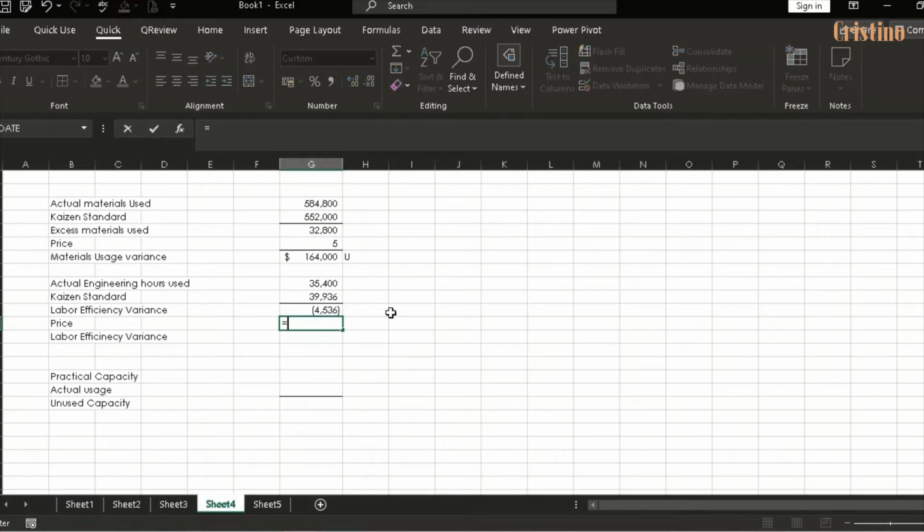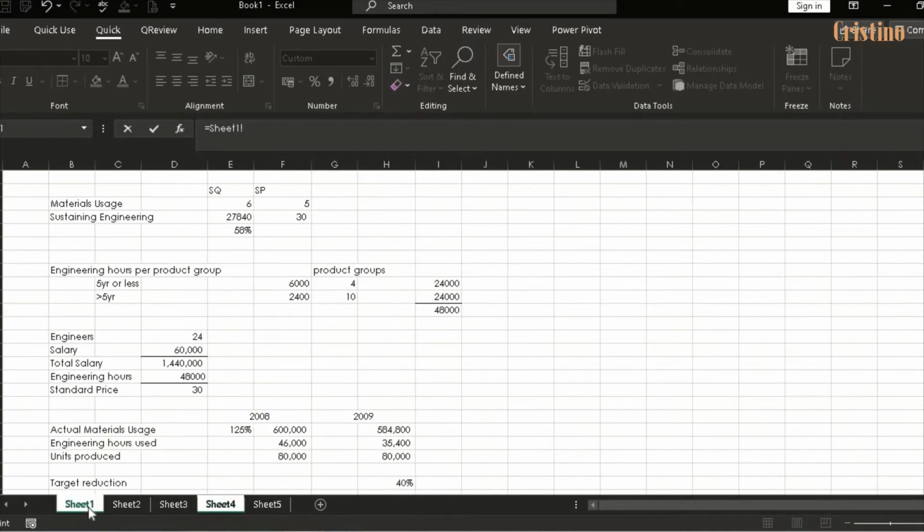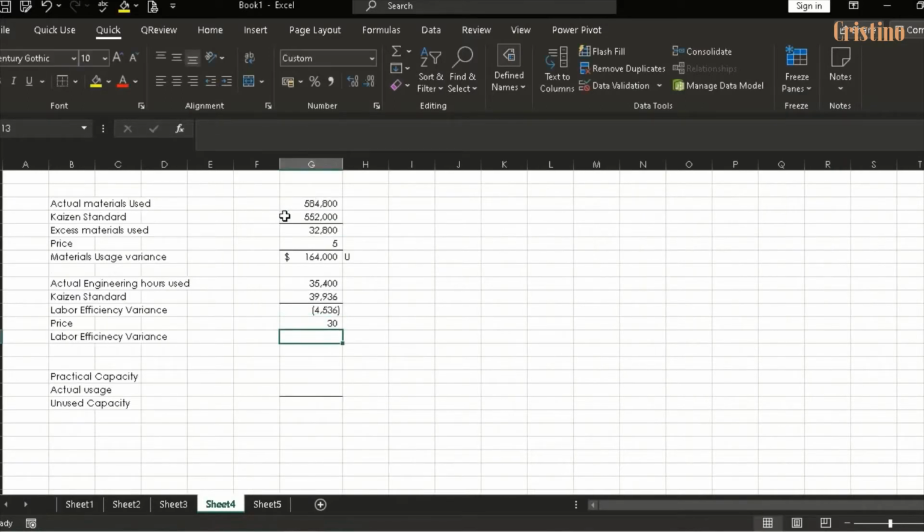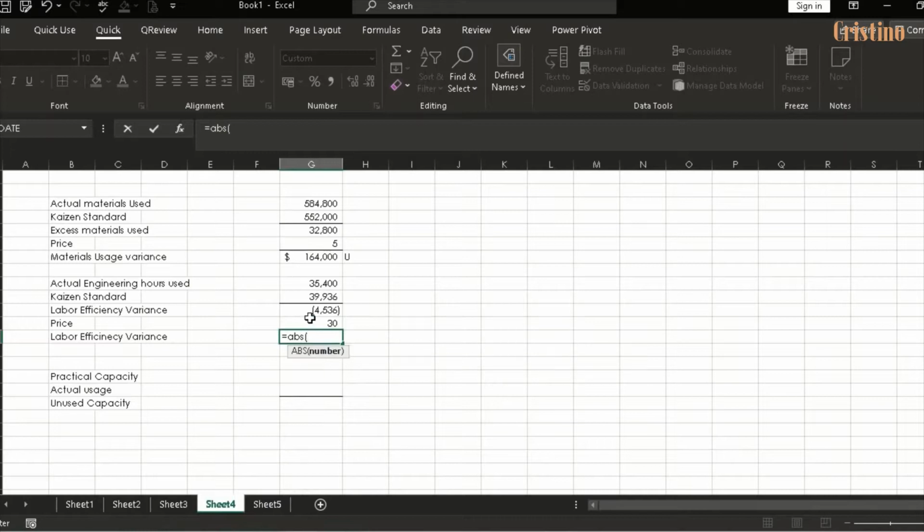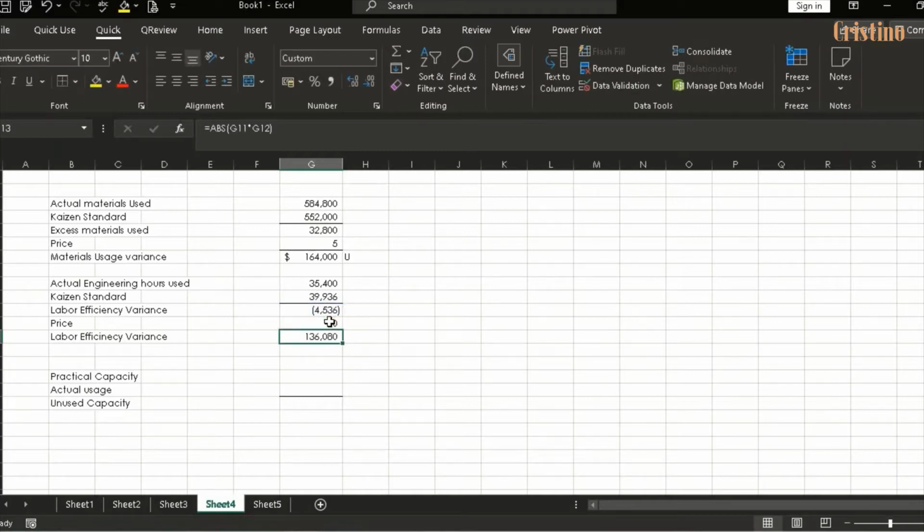By multiplying the said labor efficiency variance in hours to the hourly rate of $30, we're going to get the labor efficiency variance in dollars. The labor efficiency variance in dollars is equal to a favorable variance of 136,080.